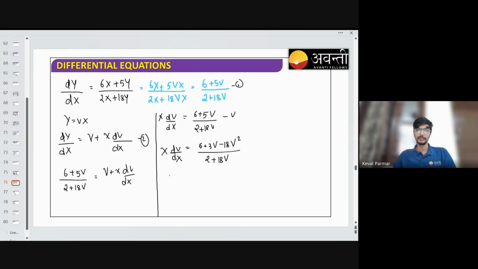If I cross multiply, now it's simple, it is variable separable. So I'll get 2 plus 18v upon 6 plus 3v minus 18v square dv equals dx over x.